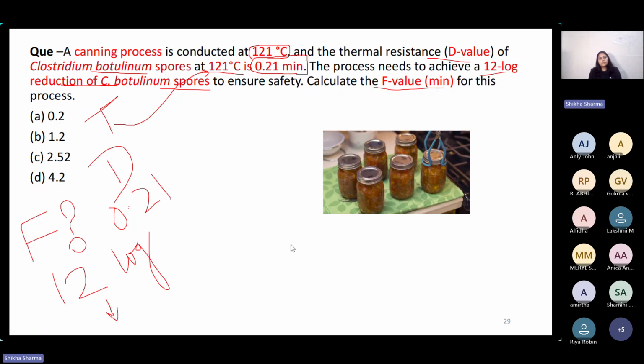Anyone who will tell me what is the F value here? Okay, we got two answers as C. Anjali says C, which is 2.52 minutes.